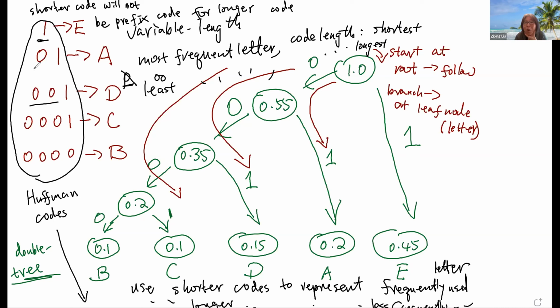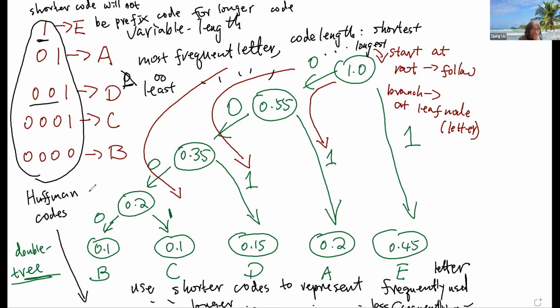So the shorter code will not be the prefix of the longer code. That's another feature of Huffman codes. When we build the Huffman tree, it will automatically meet this condition.